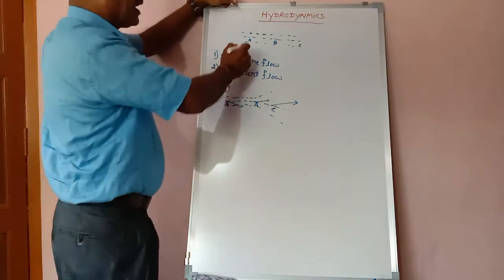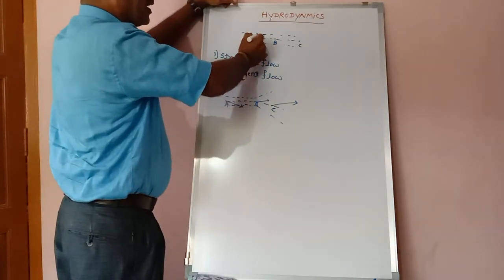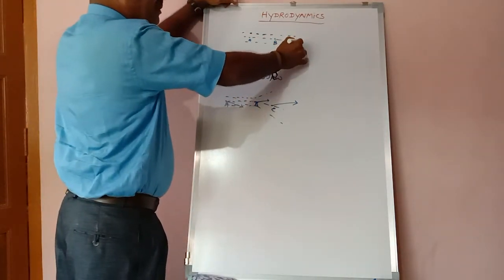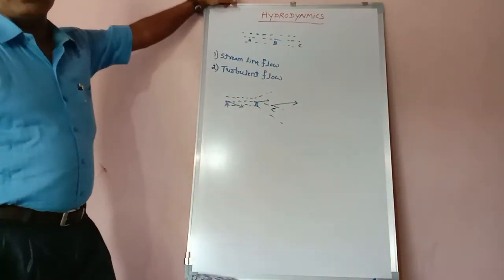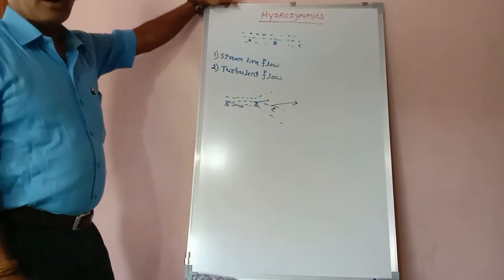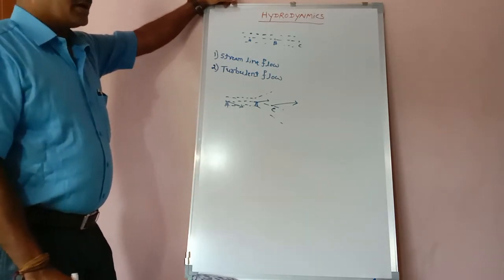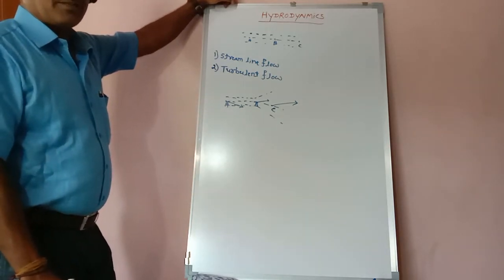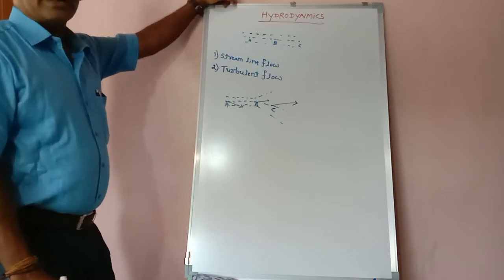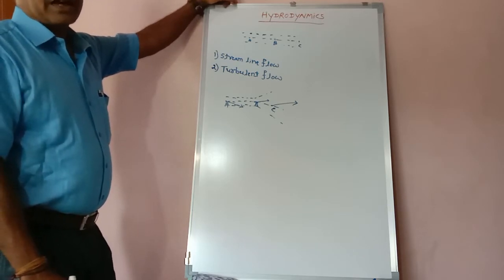But in streamline flow, at point A, point B, point C, the direction remains the same, because when tangents are drawn at A, B and C, they lie on the same straight line.